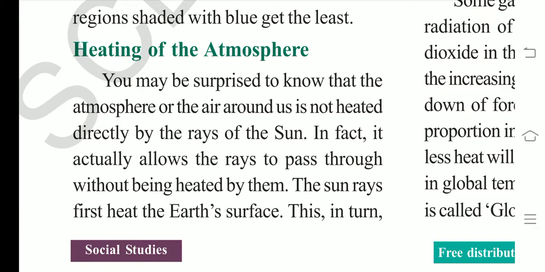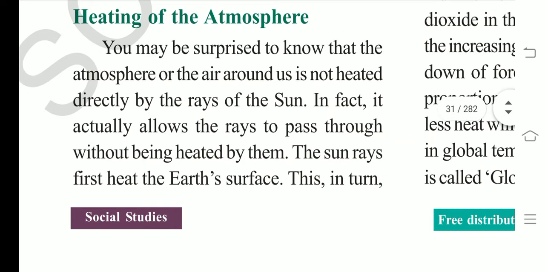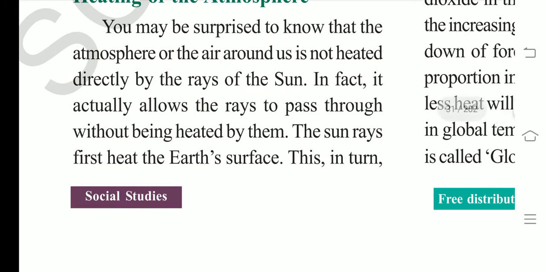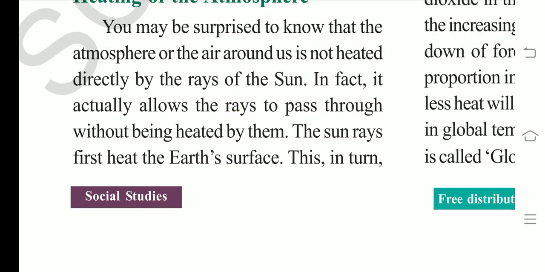You may be surprised that the atmosphere, that is the air around us, the air which is surrounding the earth, is not heated directly by the sun rays. It is not by solar radiation. It is heated actually by the Earth's radiation, what we call terrestrial radiation. The sun rays fall on the earth's surface, then the earth becomes hot.